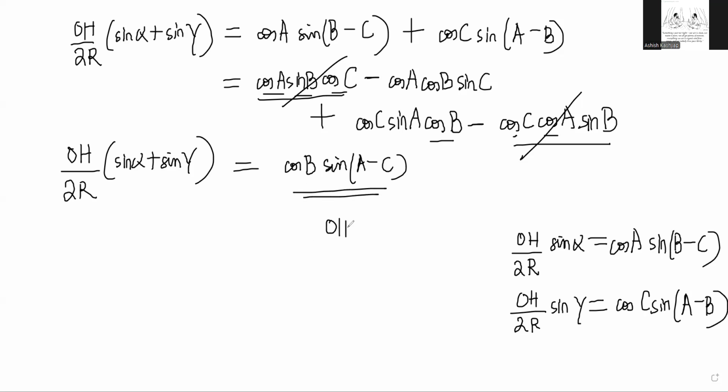This should be OH by 2R sine beta, and sin beta is equal to cos B sin A minus C. So we are getting this equation.